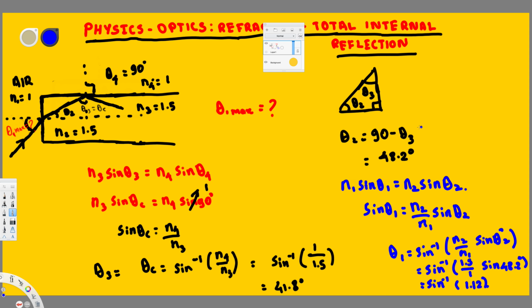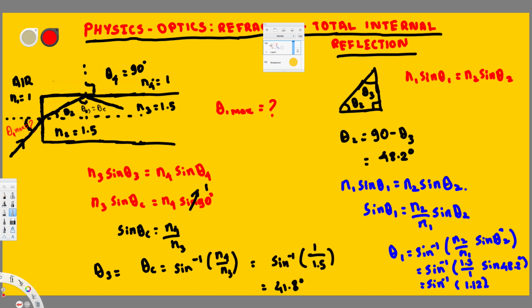Now let's see whether we get a number equal or less than that. Again, we are going to use Snell's law: N1 sine theta 1 is equivalent to N2 sine theta 2.